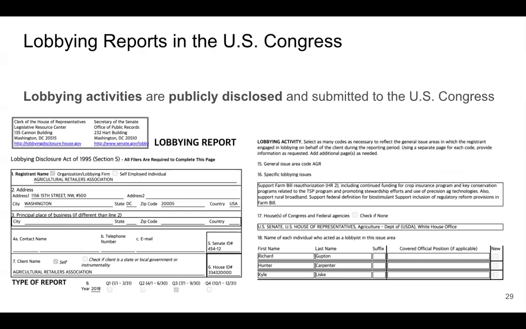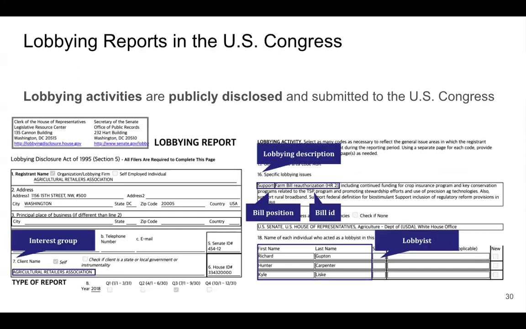So this is what a lobbying report looks like. Every interest group, if they do some lobbying activity, is required by law to file these lobbying reports quarterly. Like Apple Computer, Microsoft, all these companies, you can just look them up and look at all of the lobbying activities they've done.